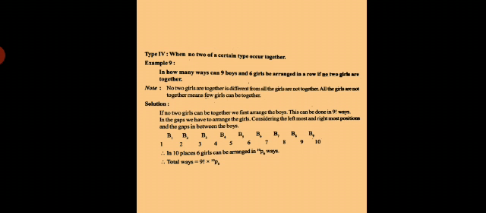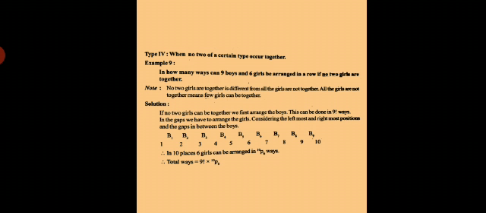So we can arrange the girls in between the boys. In 10 places 6 girls can be arranged, because only 6 girls are there. Therefore it can be arranged in 10 P6 ways.